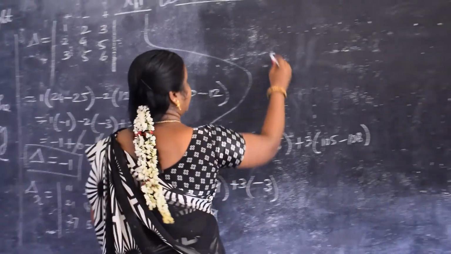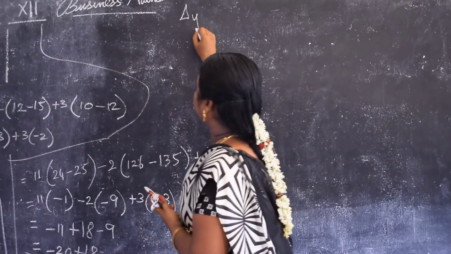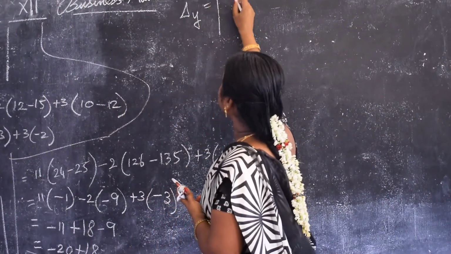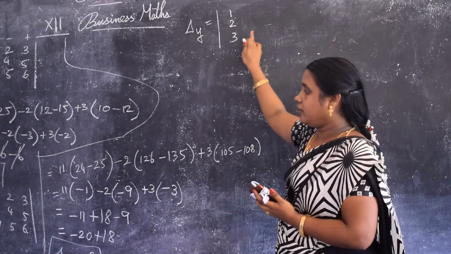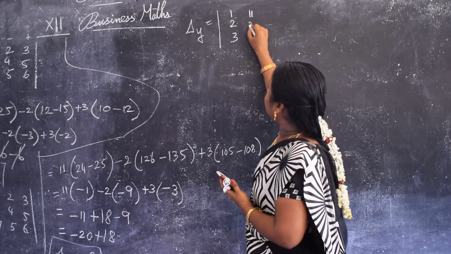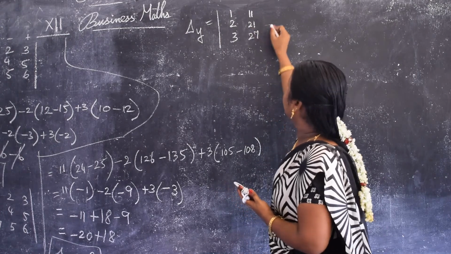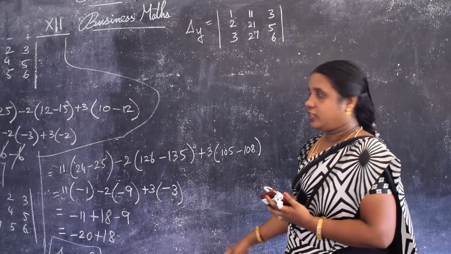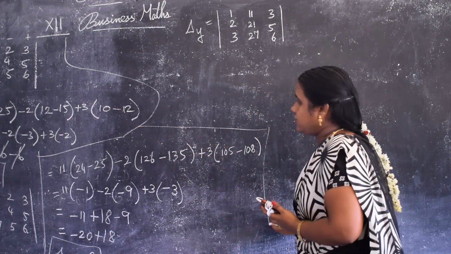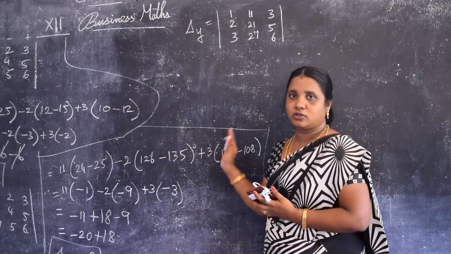Next we have to find our delta y. What do we do for delta y? In the place of the coefficient of y, you have to put 11, 21, 27. The other columns you write as such. Again you have to cross multiply. See, 3 variables and 3 equations, so it will go bigger.